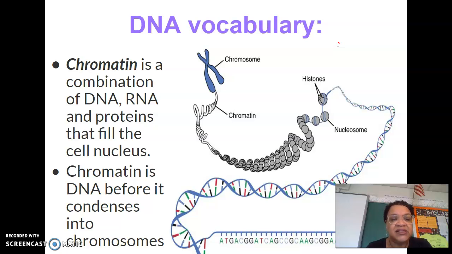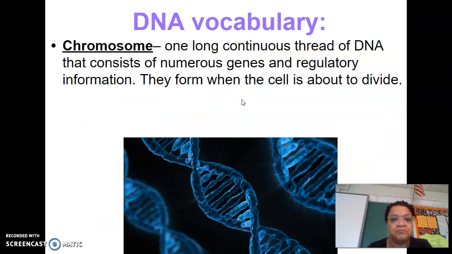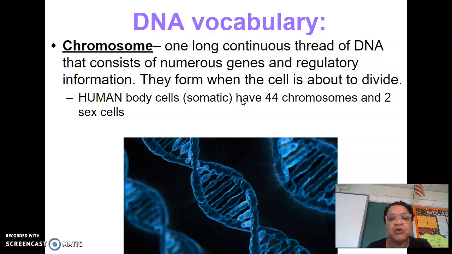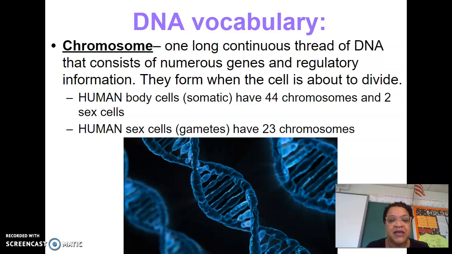Chromatin is DNA before it condenses. It's long and stringy. A chromosome is one long continuous thread of DNA that still consists of the numerous genes and regulatory information. They form when the cell is about to divide.